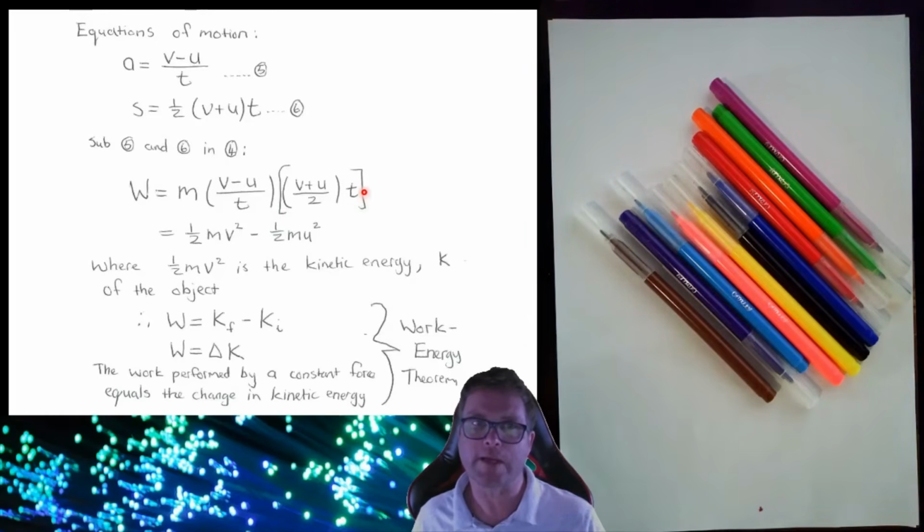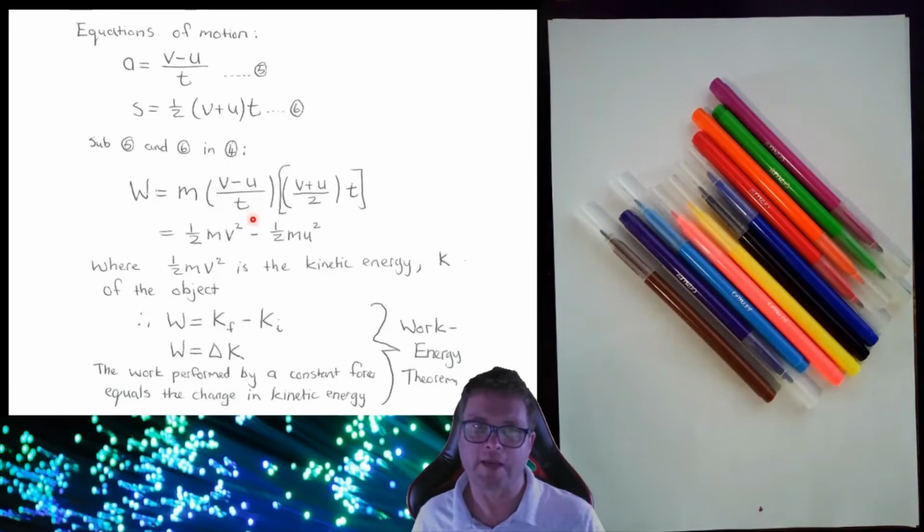If you want a quick way to multiply it out, you'll notice that this is the difference of squares, right? This is v minus u times v plus u. So it's the difference of squares. Multiplying these two terms out will simply give v squared minus u squared.